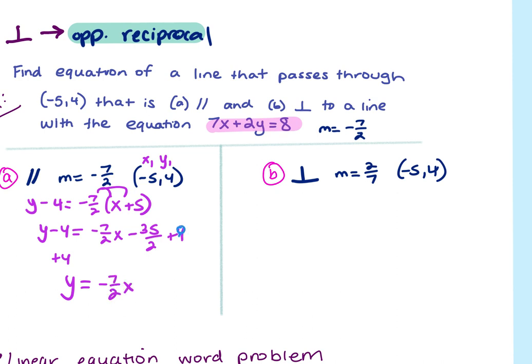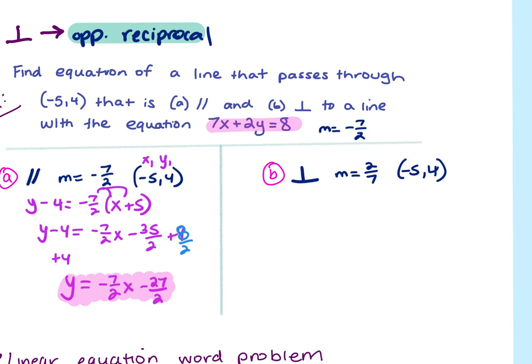That 4 becomes 8 halves. And negative 35 plus 8 would be negative 27 all over 2. Now, when you compare your answer to the original equation, it should have the same slope. Obviously, a different b, but the same slope.